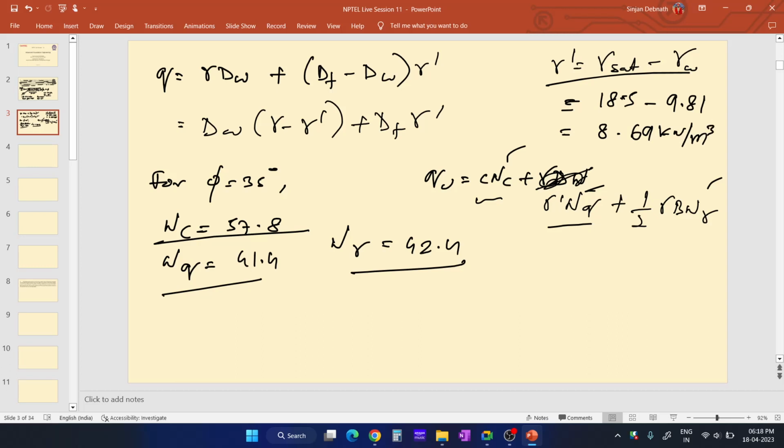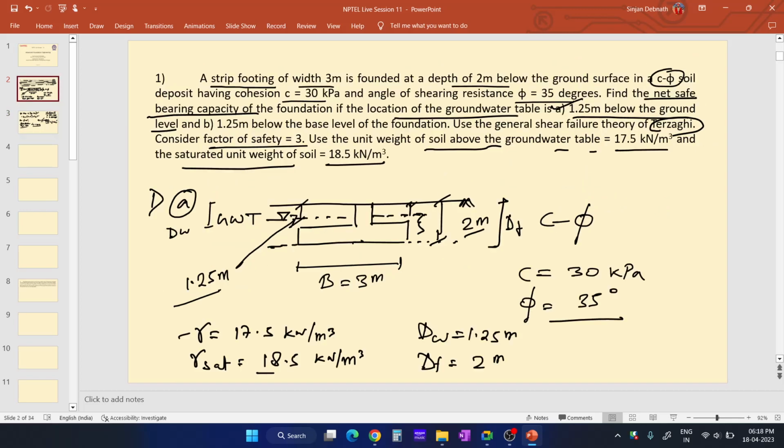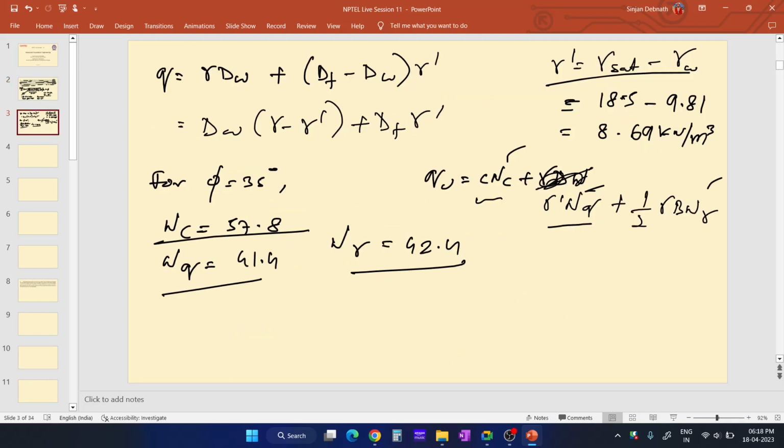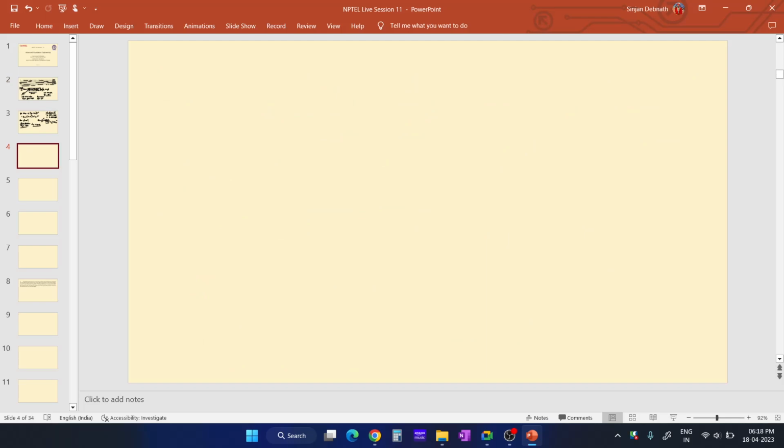Now we need to find out the net safe bearing capacity of the foundation. For that, first of all, we need to find out the net ultimate bearing capacity.